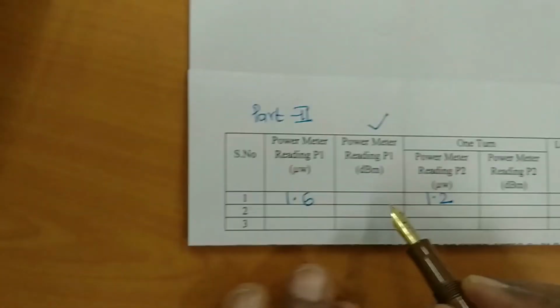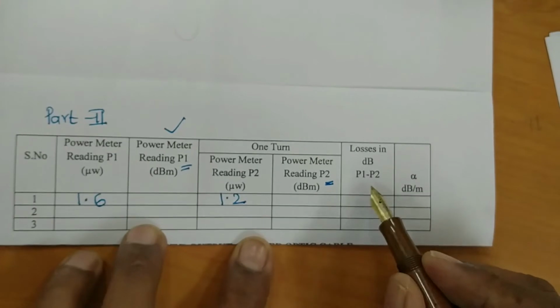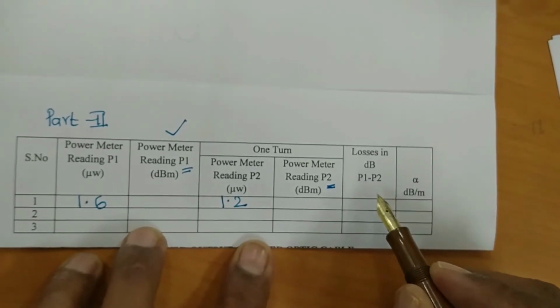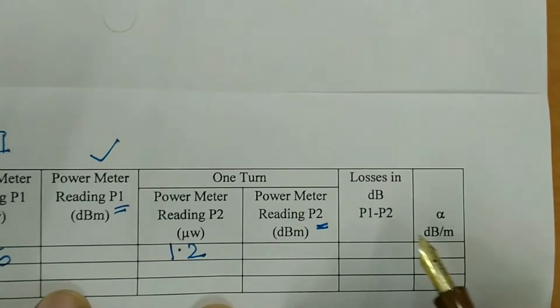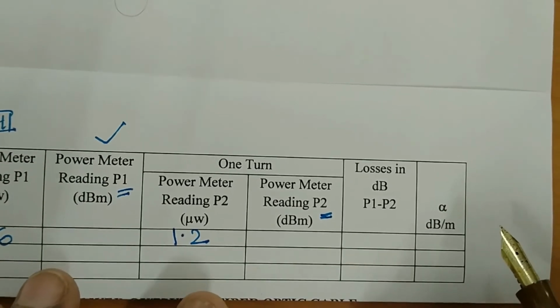Now you call this as P1, this as P2, and if you subtract, I'll get loss in dB, P1 minus P2. Once you get P1 minus P2, the loss, you need to calculate alpha, which is called the attenuation coefficient.